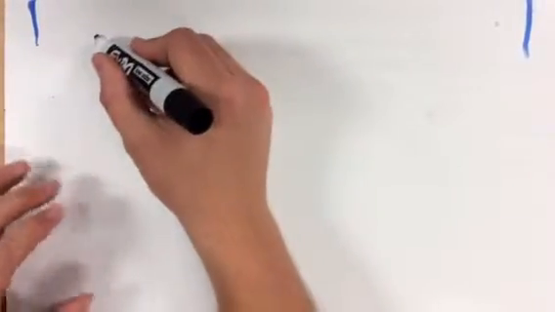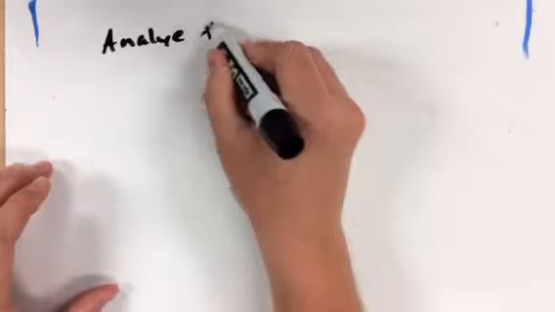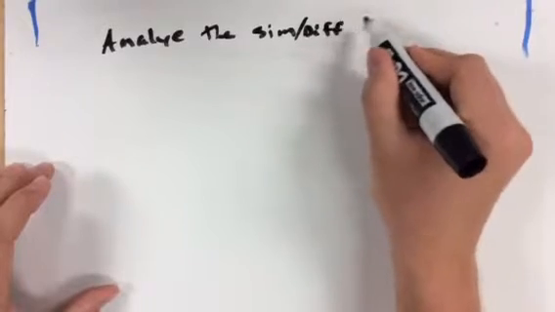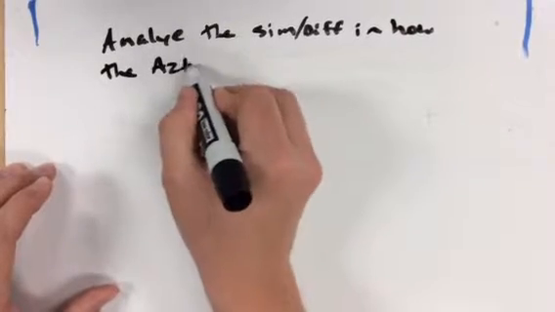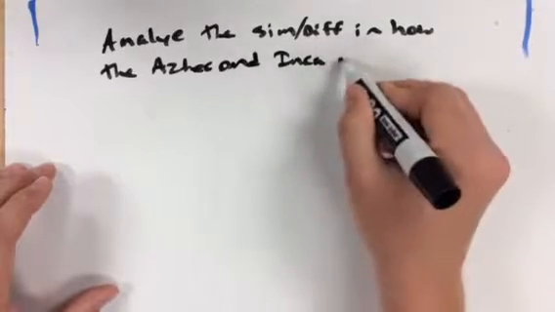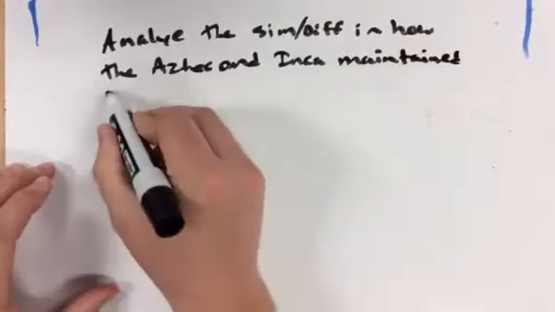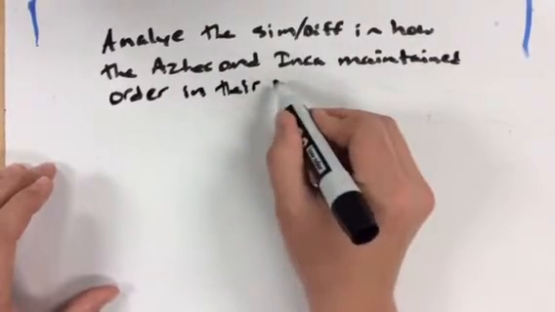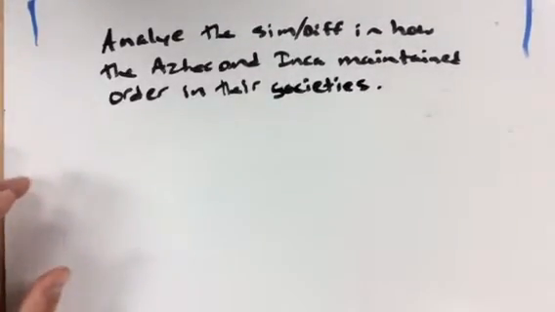So a question might be like, analyze the similarities and differences, and how the Aztec and Inca maintained order in their societies. So this wasn't actually a past question, but it's similar.